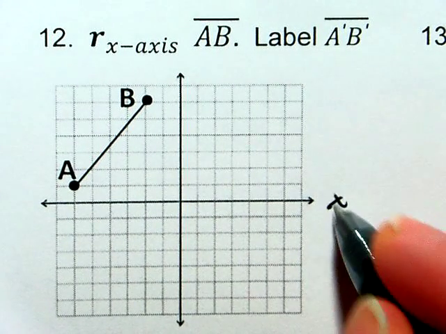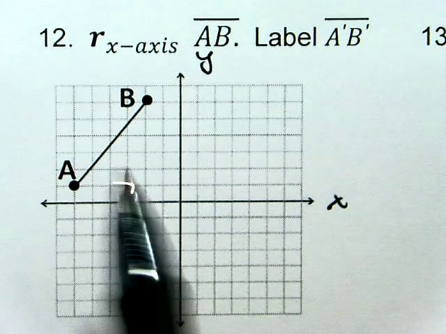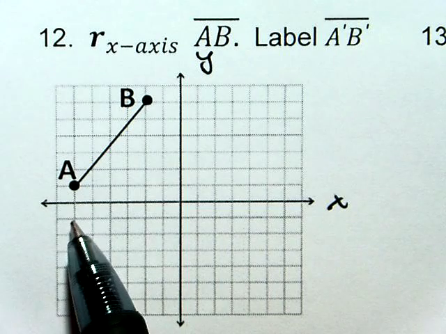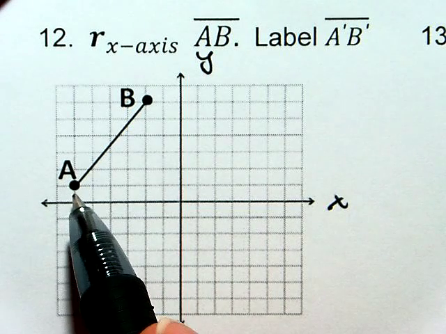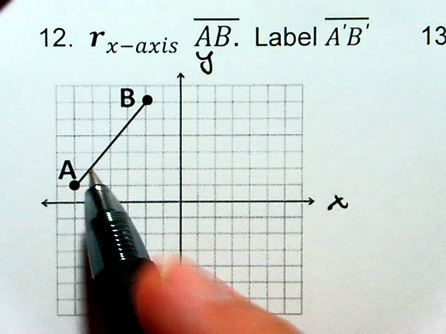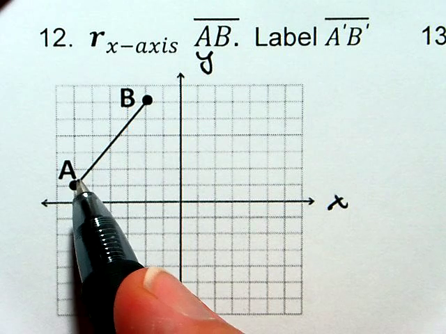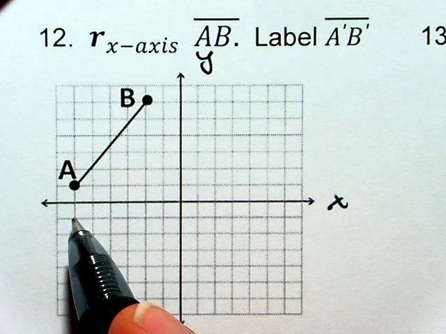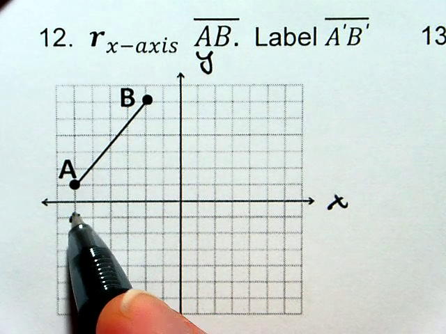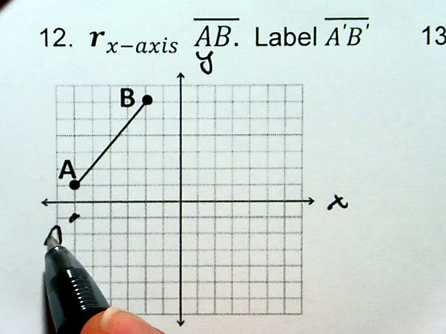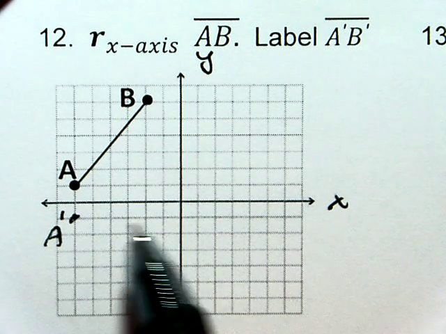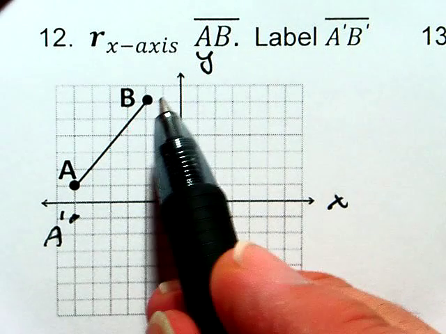This is the x-axis, this is the y-axis, so we're reflecting line segment AB across the x-axis. So point A is one above the x-axis, which means that we're going perpendicular in the opposite direction.